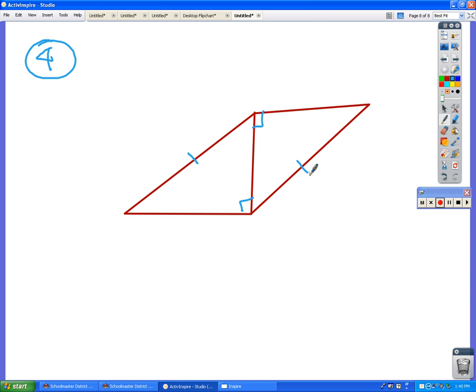The HL conjecture is that if you know the hypotenuse is the same and you know that one of the legs is the same, then you know the two triangles are the same. And it's just a shortened way of saying you could do this. The reason why you know that this works is because if this is the right triangle, this squared plus this squared equals this squared, right?